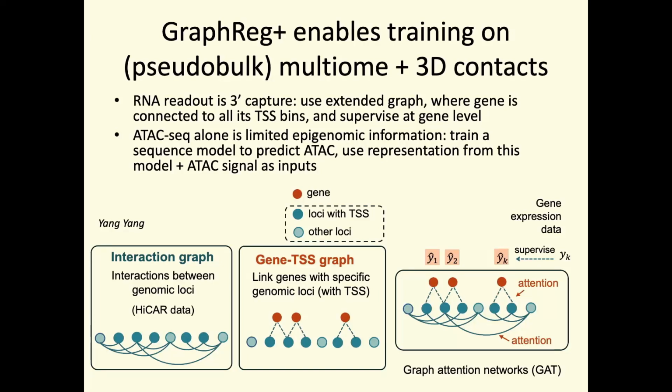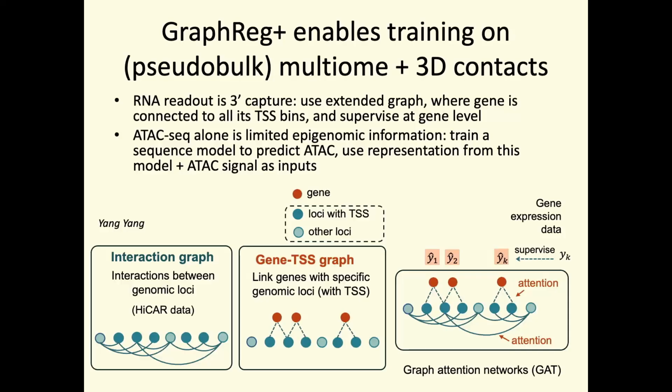So what we do is two-part. We first learn a model that goes from DNA sequence to chromatin accessibility, DNA to ATAC. We take the representation from that model and concatenate it with the ATAC-seq and use that as the representation.